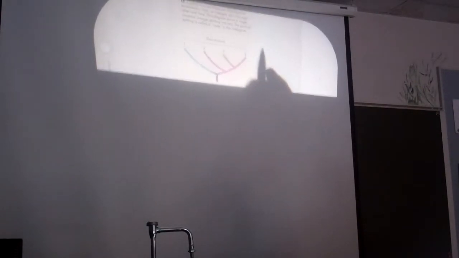Look at 3 and 4. They come to a point together. That means that species 3 and 4 are very much related. They share a point. 3 and 4 are more closely related to each other than 2 and 3 are. Look, 2 and 3 don't even come to a point together.